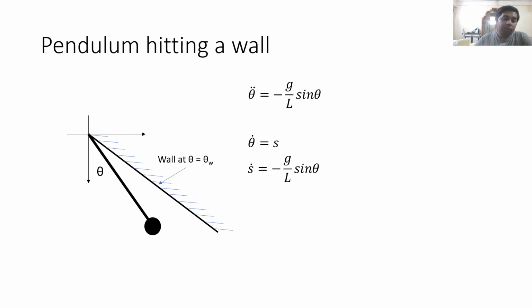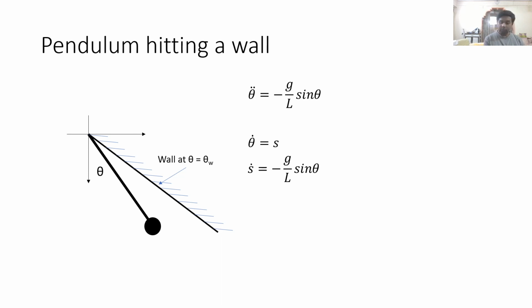So what we can do is identify the time instant at which the pendulum hits the wall, and till that point the pendulum is freely moving, so the same differential equation for the pendulum is valid. Up to that time instant we can get the solution using ODE45.